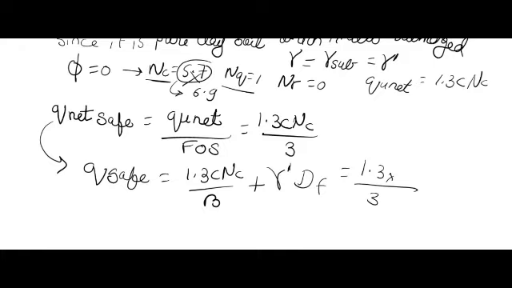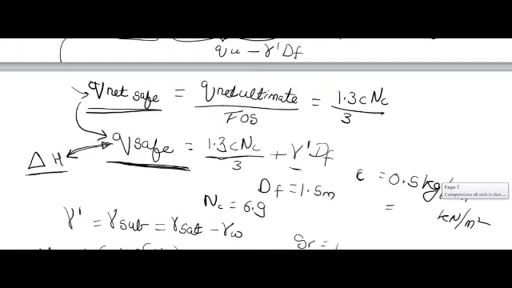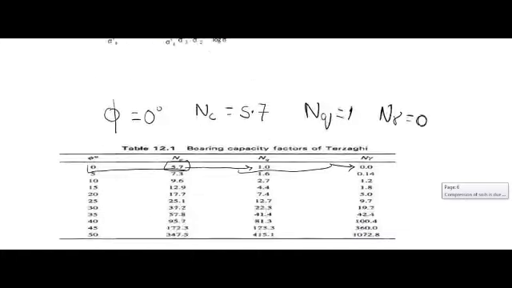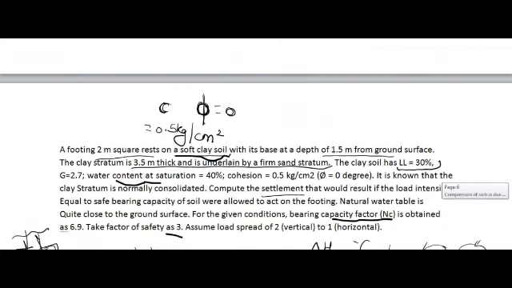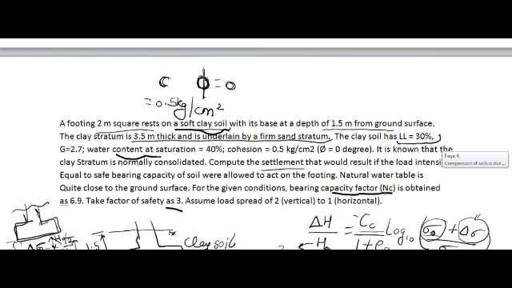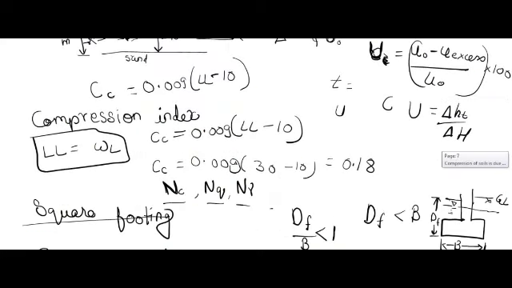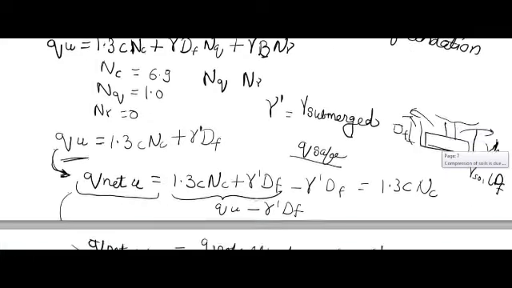So from this we can find q safe as 1.3 divided by 3 into C, the cohesion. Now in this problem, the cohesion value C is given as 0.5 kg per centimeter square. We have to convert it into kilonewton per meter square.